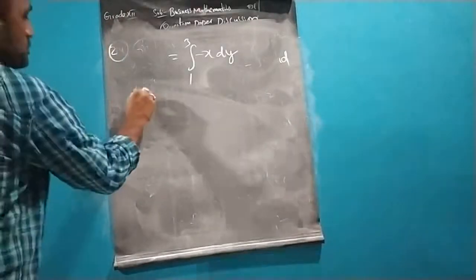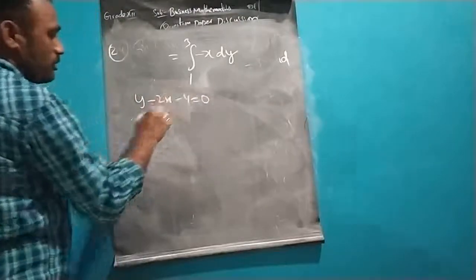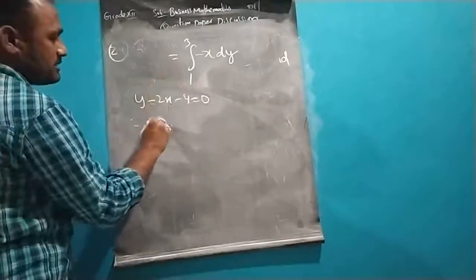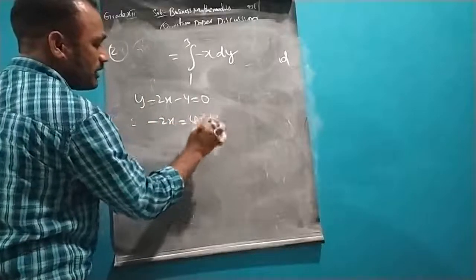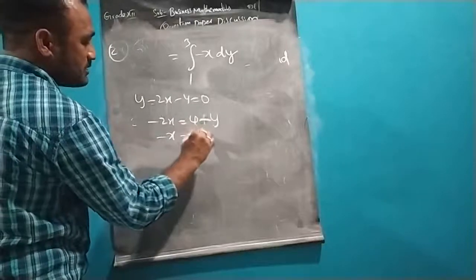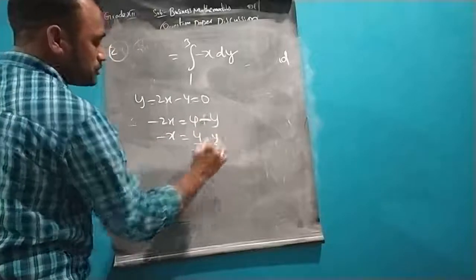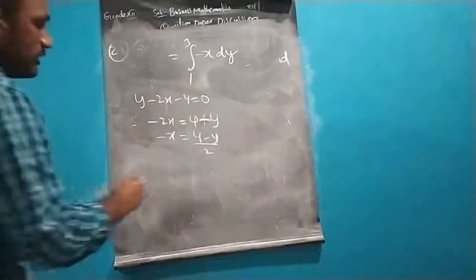So the given function is y minus 2x minus 4 is equal to 0. So here 2x is equal to y minus 4, so x is equal to y minus 4 by 2. In the case of x, we can write it as y minus 4 by 2.